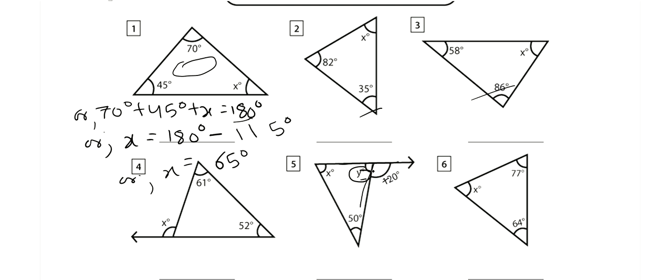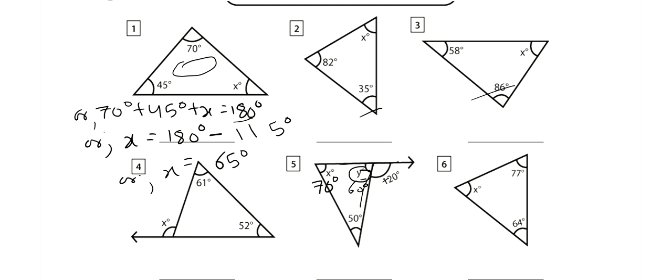In this case, y plus 120 degrees gives you 180 degrees. So the value of y would be 60. And then again, sum of angles of a triangle, 60 plus 50 plus x is 180 degrees. And that's how you find the value of x, and it's going to be 70 degrees.